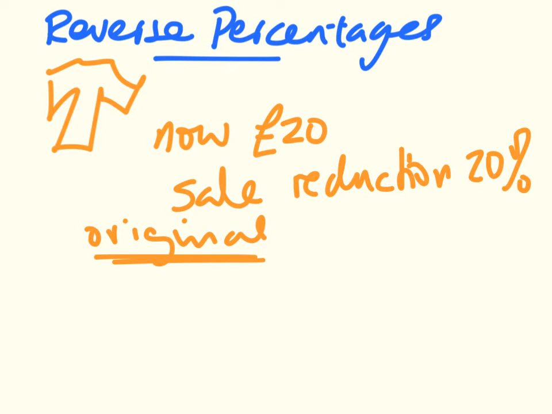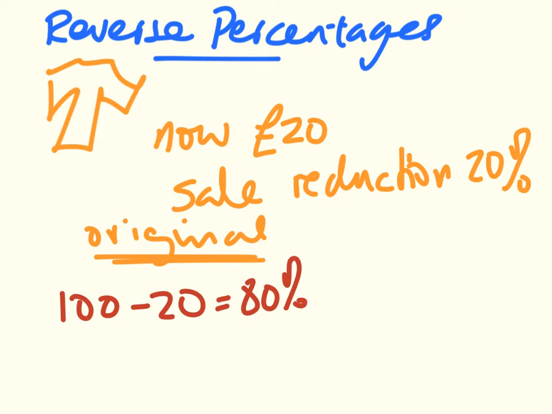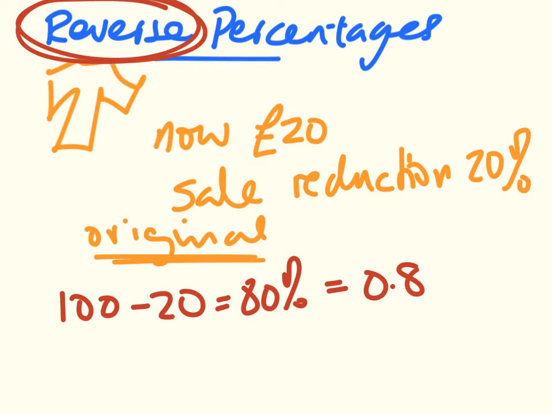So 100, take away the 20 that's been reduced, gives us 80%, which as a decimal is 0.8. So we need to work that out first of all. Now, because it's a reverse percentage question, we do the opposite to what we normally do, which is multiply for percentages, so we're going to divide. So it's going to be 20 divided by 0.8.